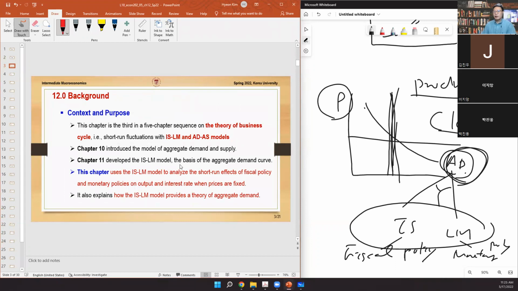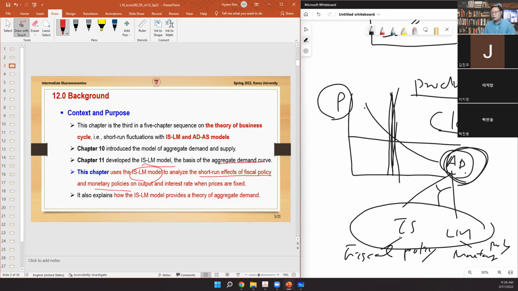So chapter 12, again: in chapter 10, we talked about what aggregate demand and supply are with limited assumptions. And in chapter 11, we developed IS-LM. That means we consider the goods market and money market together, with the assumptions of the Keynesian cross and the theory of liquidity preference, and it will be used for aggregate demand. Now, this chapter will use IS-LM to analyze the short run effect of fiscal policy and monetary policy.